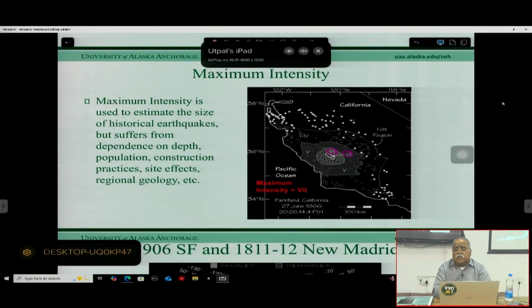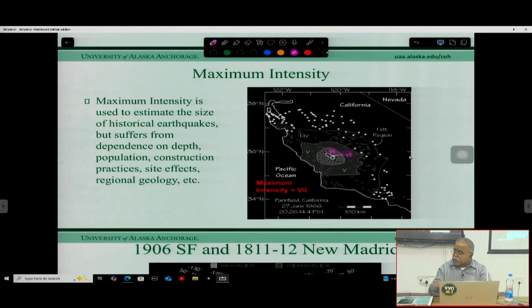Therefore you can understand that depending upon the location, the intensity scale changes. So basically the maximum intensity is 7 in this case, but this is not San Francisco. This is the Parkfield, sorry. This is the 1966 Parkfield earthquake. So that's the destruction part. Okay. So that's their maximum intensity scale at the time.